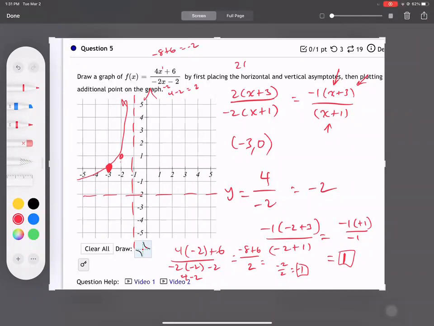If I plug in negative 1 times negative 2 plus 3 over negative 2 plus 1. Oh, I think I messed up here. That's going to be negative 1 times 1. No, that's right. And this is going to be negative 1. That's positive 1. Okay, that one's right.